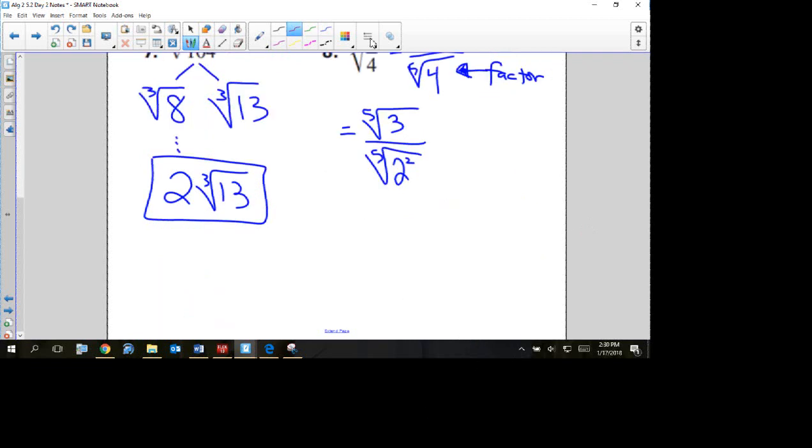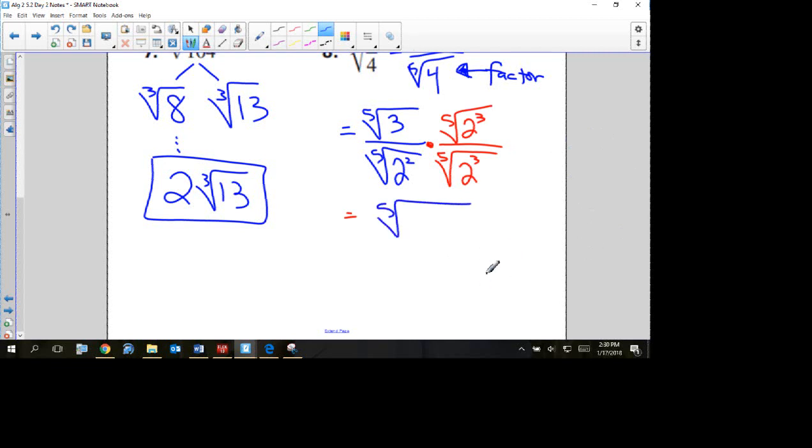Then you say, how many more 2's do I need down there so I complete the 5th power? How many more? 3 more. So I'll go 2 to the 3. But I have to do it on the top. We multiply together.